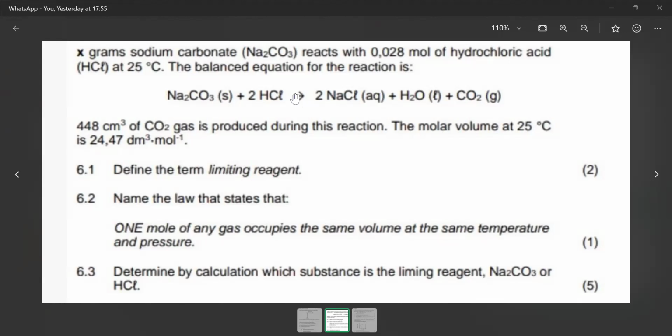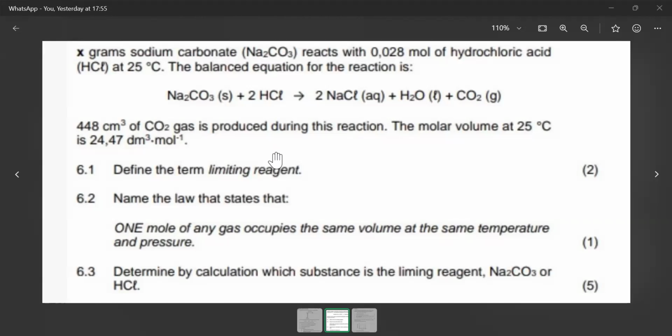So, does anyone have any idea which law that is? Well, no one has an idea. That's actually Avogadro's law. So yes, sometimes they can ask you to state Avogadro's law in the exam. Please know how to state it.